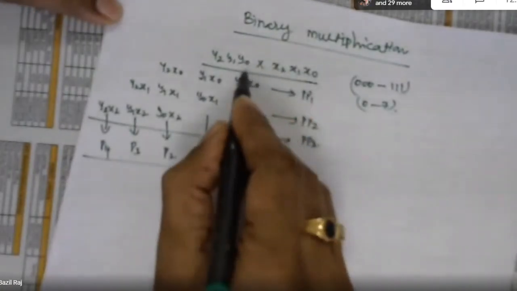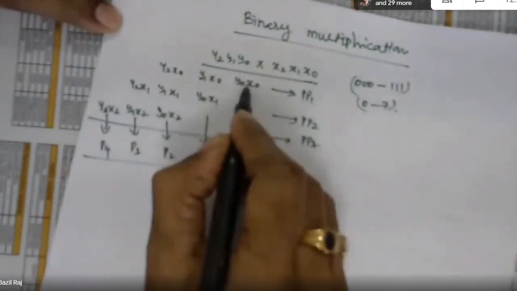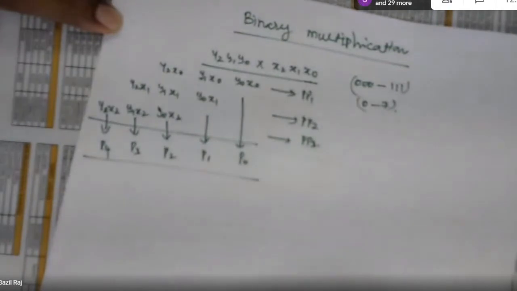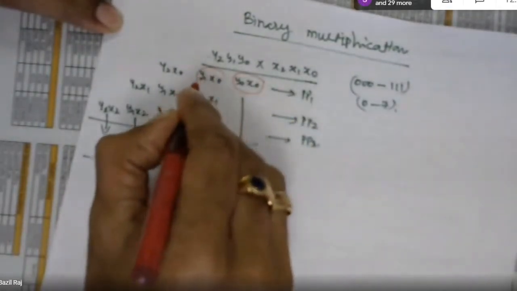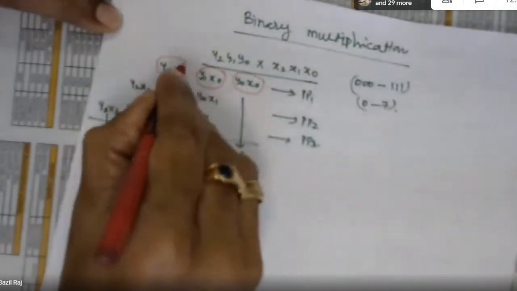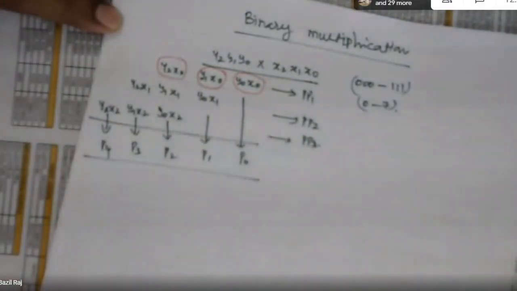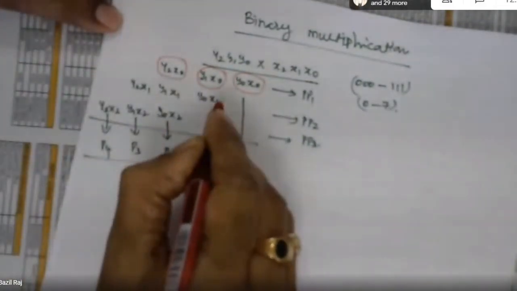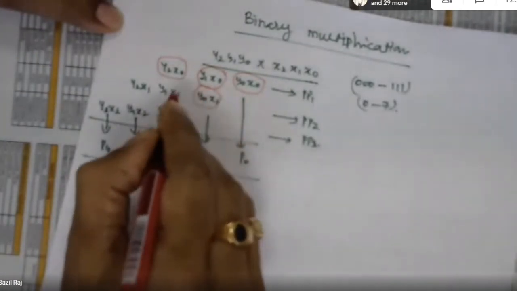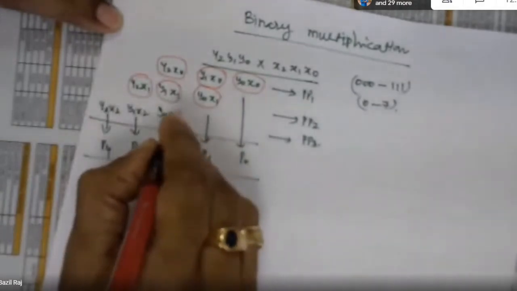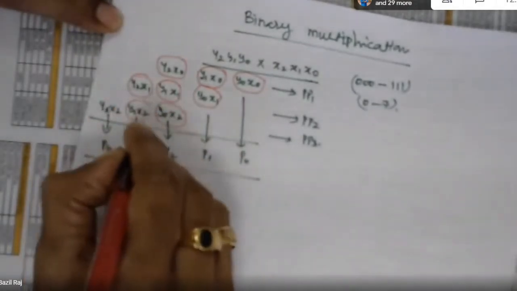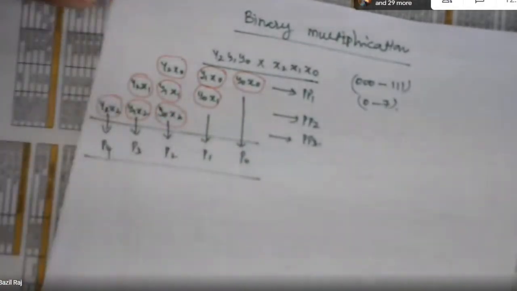So x0 and y0 I multiplied, that term is here. This is x0 into y0, this is y1 into x0, this is y2 into x0. Then this is y0 x1, y1 x1, y2 x1. Similarly here, y0 x2, y1 x2, y2 x2 now.